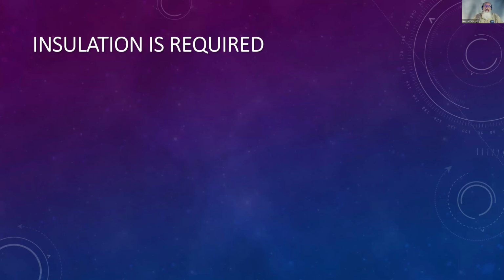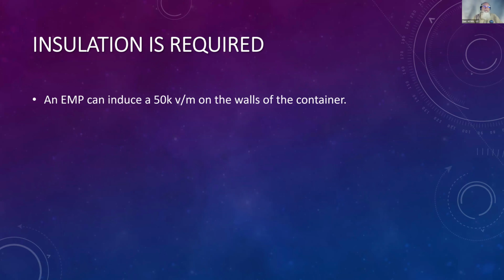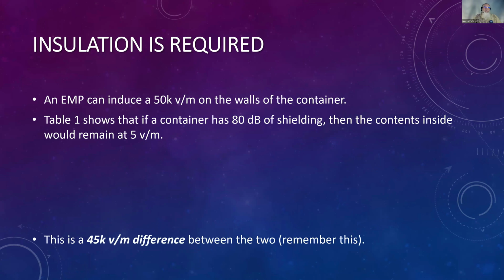There's also a huge issue on YouTube where, this will be the last thing that I talk about. An EMP can induce, this is old news now, 50,000 volts per meter on the walls of the container. If I had 80 dB of shielding, then the inside of the contents would remain at 5 volts per meter, and that's great.